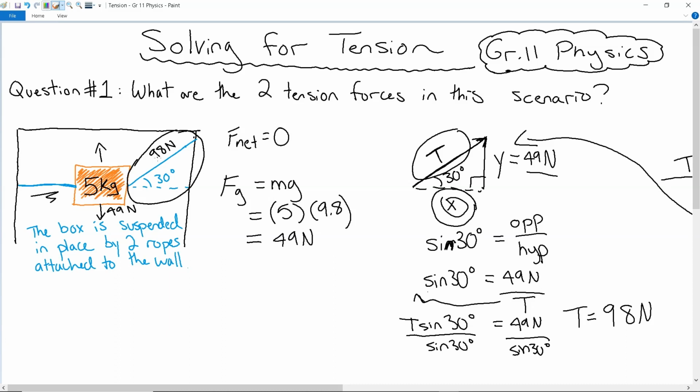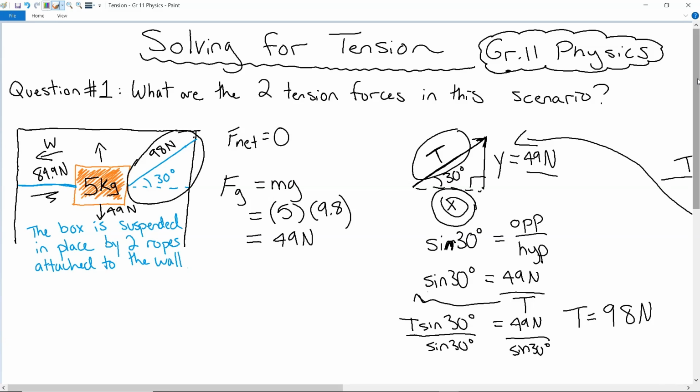And if you wanted to be more specific, because force is a vector, we would say it has 98 newtons of force 30 degrees north of east. Over here, we would have 84.9 newtons of force exactly west. So hopefully that wasn't too bad.